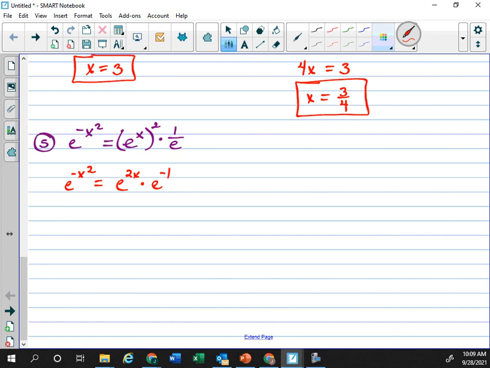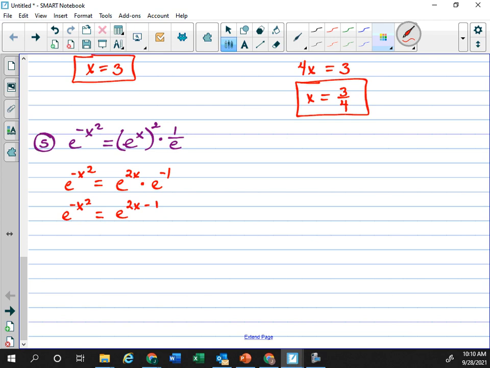Good. Okay, we're getting close. So the left side is e to the negative x squared. All right, on the right side, when you're multiplying and you have the same base, what do you do with your exponents? Add them. So this is really e to the 2x minus 1. You with me there? Okay.